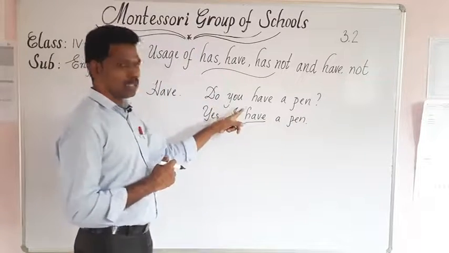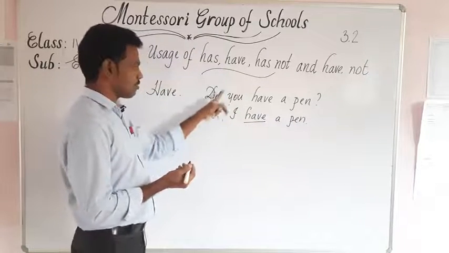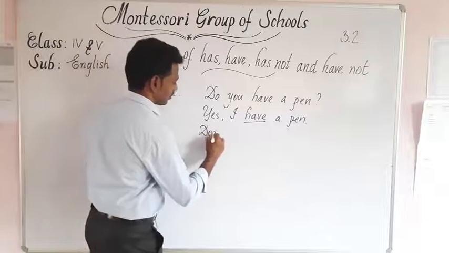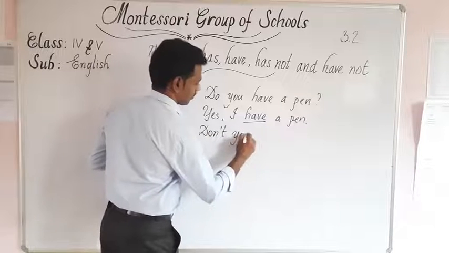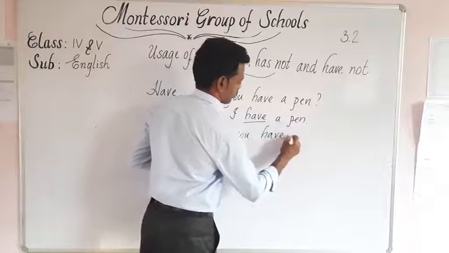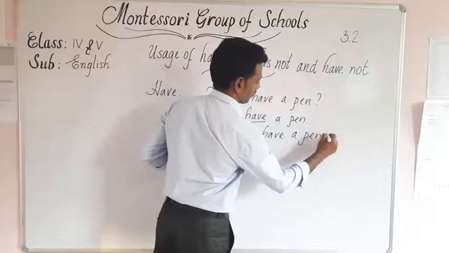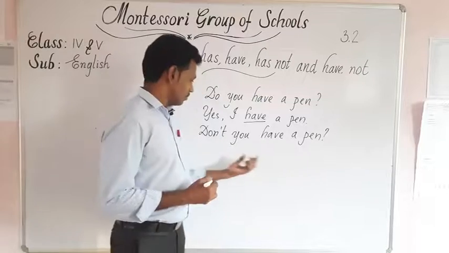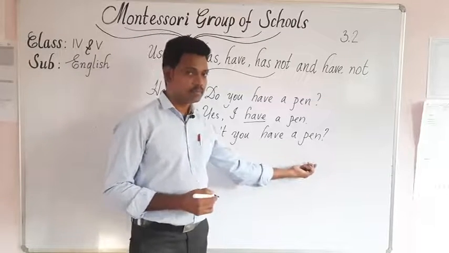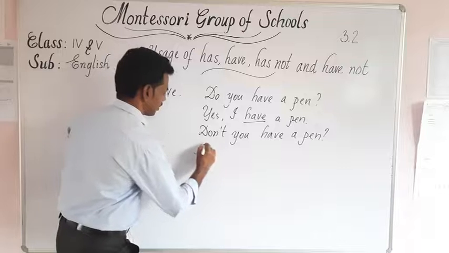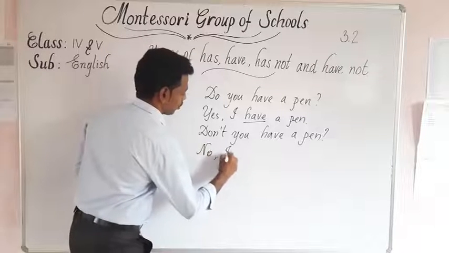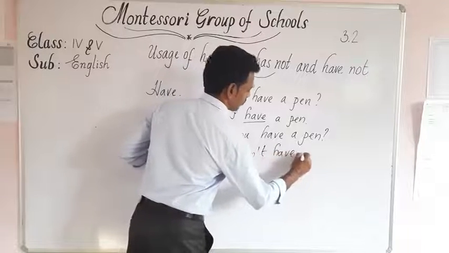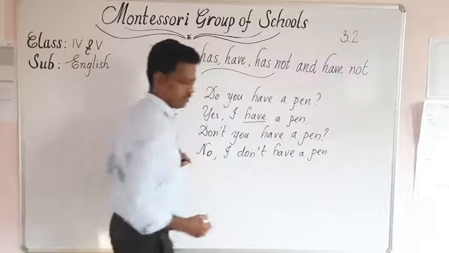Then, when you are going to ask a negative interrogative sentence with this do plus have, it will be: don't you have a pen? Don't you have a pen? The answer can be no, I don't have a pen.